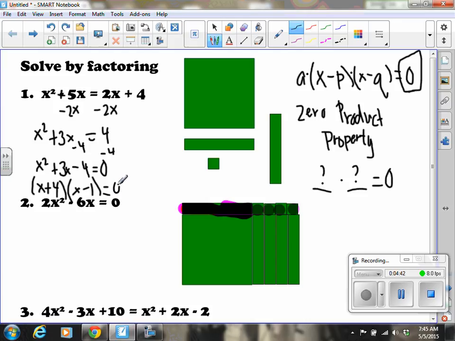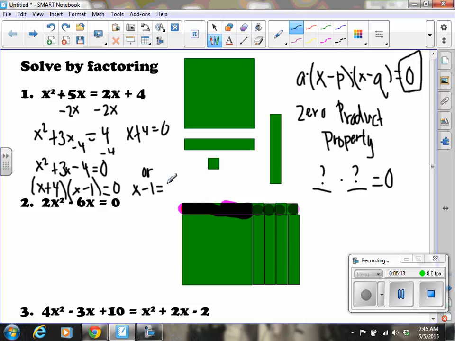All right, now that I've got it in factored form and my factors are set equal to 0, I'm going to apply the zero product property. It says if these products are equal to 0, one of my factors must be 0. So I will say, okay, either the first factor is 0, which is x plus 4, or the second factor is 0, which is x minus 1.